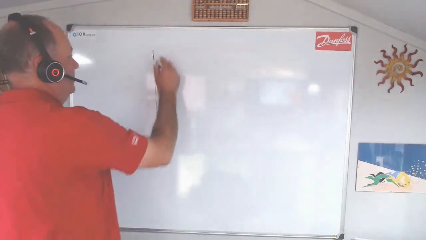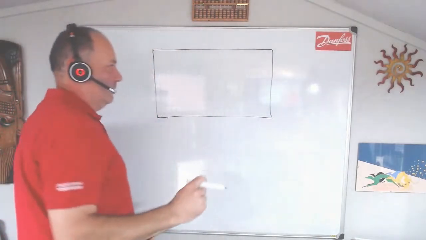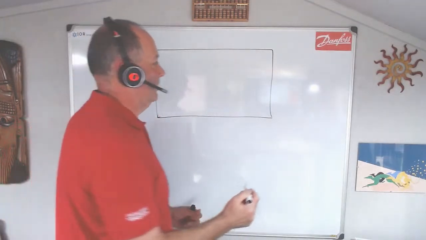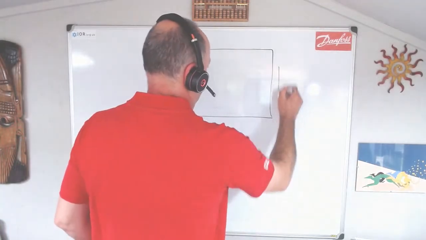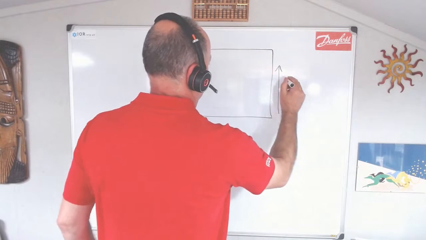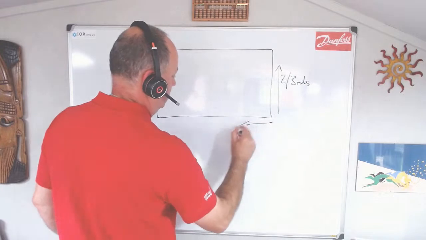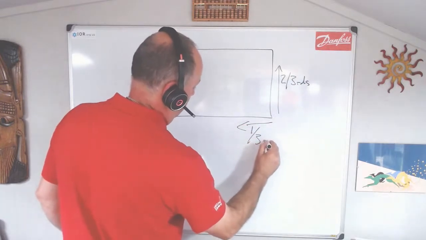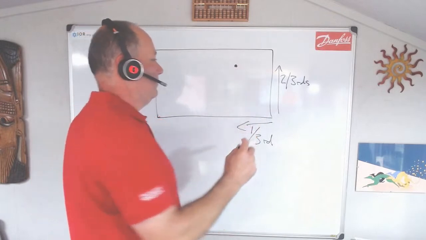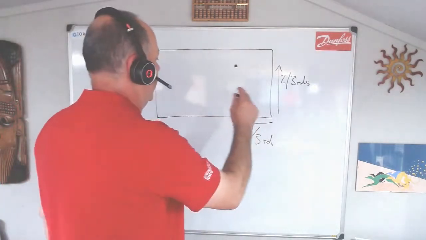Looking at the back of the evaporator, the rule of thumb from the evaporator manufacturers, but also from site experience, is basically 2/3 up and 1/3 into the coil. So somewhere around about there is normally the start point for your defrost termination probe.